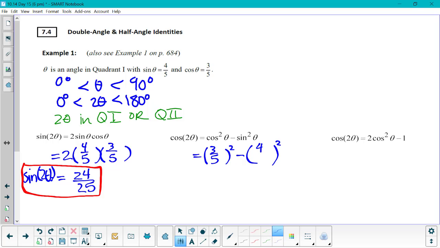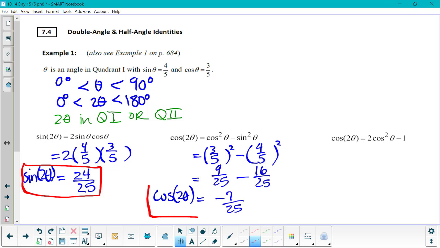Take the sine of the angle theta, which is 4/5, and square it, and then subtract. So 3/5 squared and 4/5 squared. And then when I subtract, I get -7/25. So the cosine of 2 theta is -7/25.